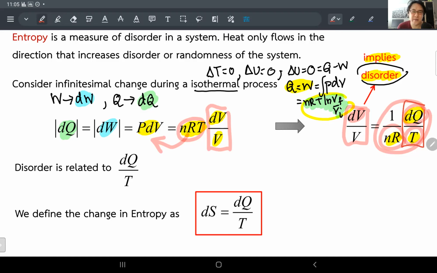What's so weird, right? But that's what it is. So the heat flow during this isothermal process, taken at the temperature at that point, defines the entropy change. Believe it or not, guys. This is so weird.